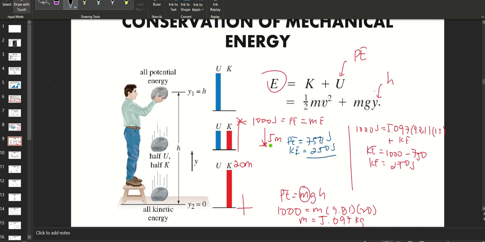So total niyan obviously 1000. So the energy is conserved, 'di ba? Tama. So dapat equal 'yan ha. Yun ang pan-check dyan eh. Dapat equal. Okay, so that is at 15 meters above.